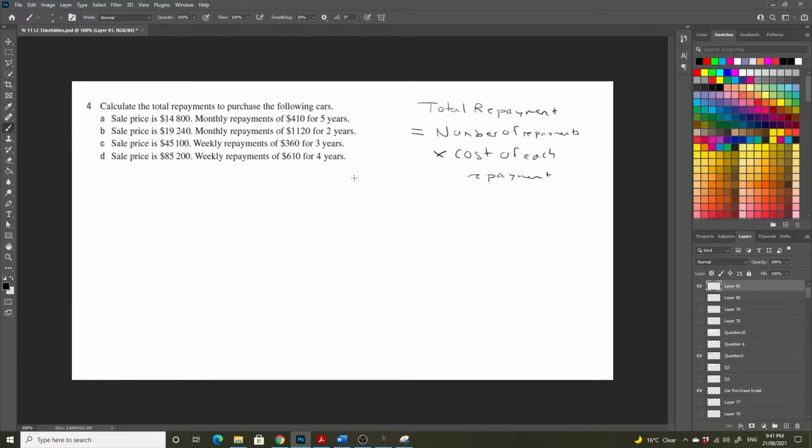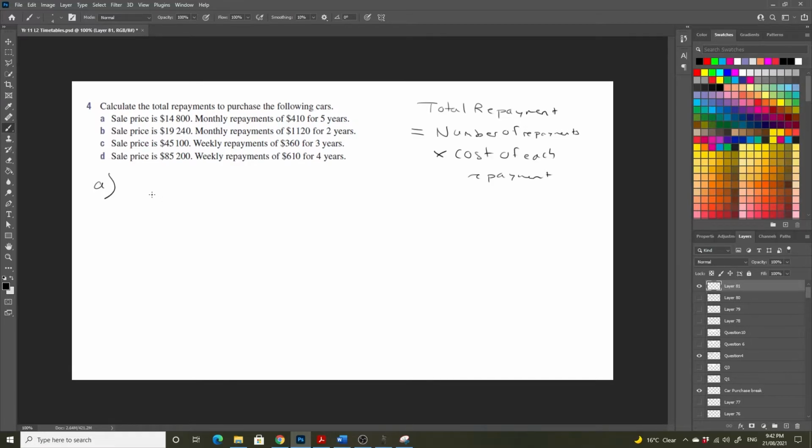The only difficulty is if they specify it in weekly repayments, then we have to convert. We have to make sure that we are multiplying it by, say, 3 years, but also 3 years has to be converted to weeks, so it would be 3 times 52, and then times 360. So let's have a look at A, and just deal with the monthly repayments.